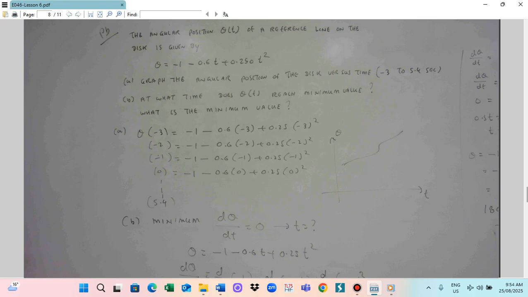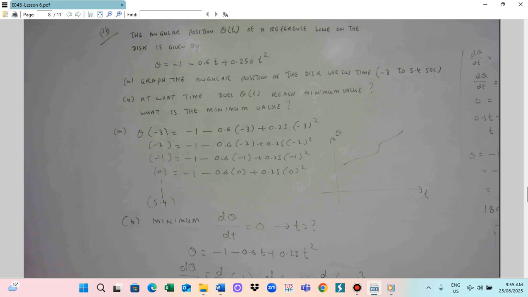You can substitute. So theta at minus 3 is equal to minus 1 minus 0.6 into minus 3 plus 0.25 into minus 3 squared. So you substitute and you solve. And similarly for minus 2, minus 1, and 0.